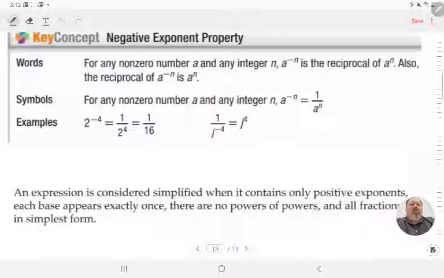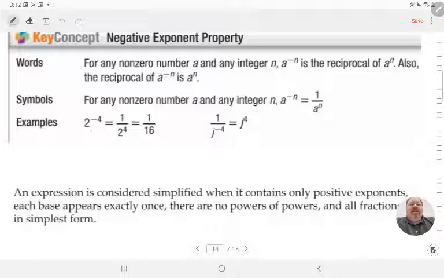Okay? So what that tells us is for any non-zero number a, and any integer n, a to the negative nth power is the reciprocal of a to the positive nth power. Also, the reciprocal of a to the negative n power is a to the n power.